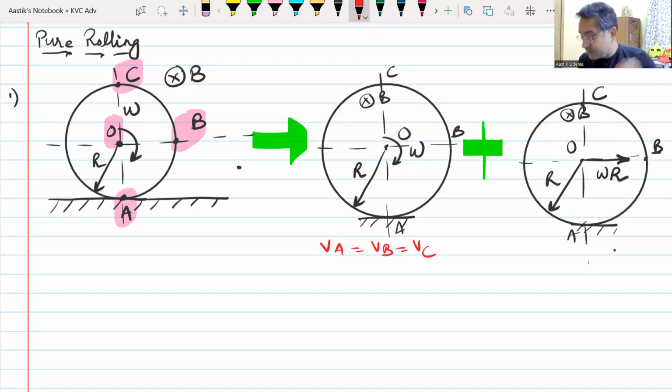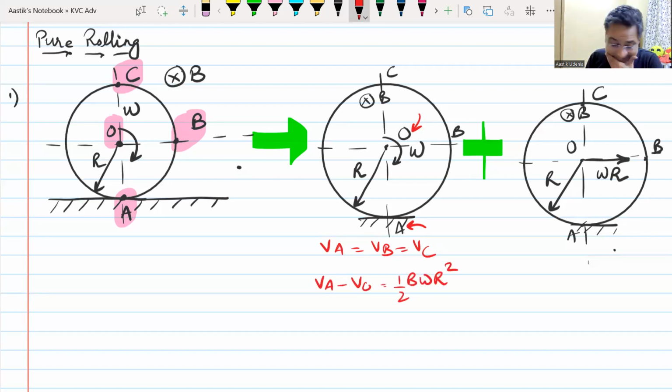Yes. Then because of pure rotation, which point will be at a higher potential? O will be at a higher potential or A will be at a higher potential? A will be at a higher potential. VA minus VO will be equal to half B omega R square.